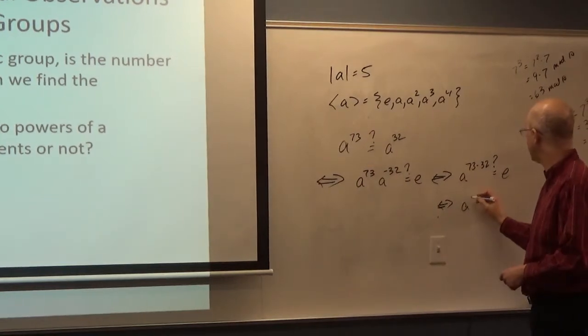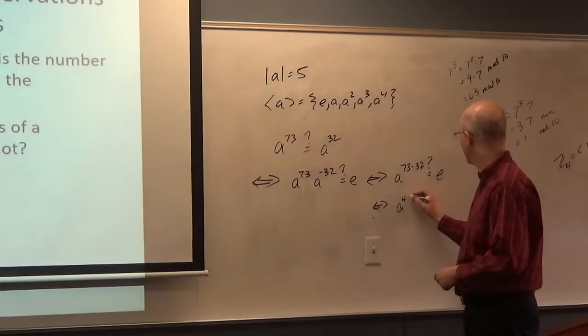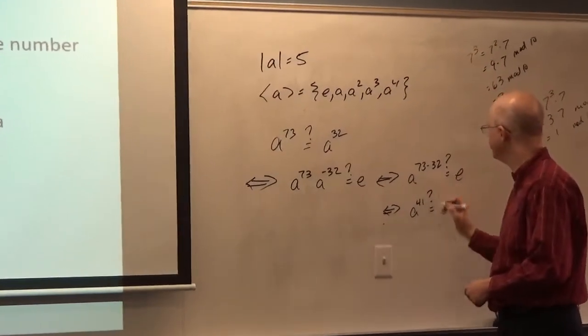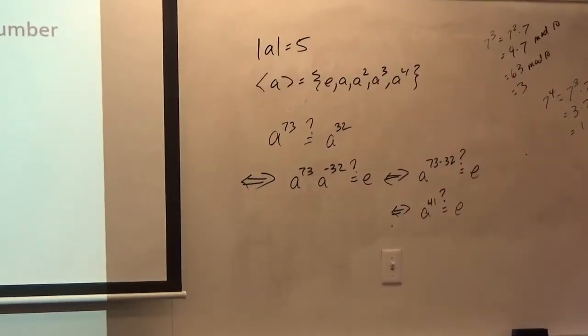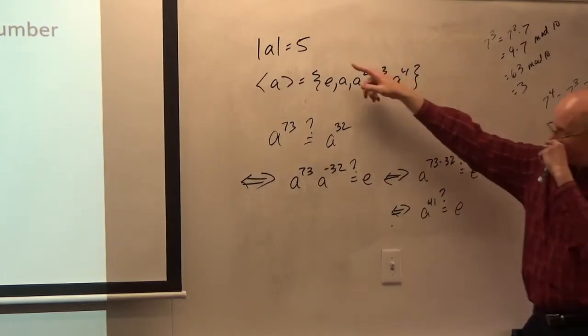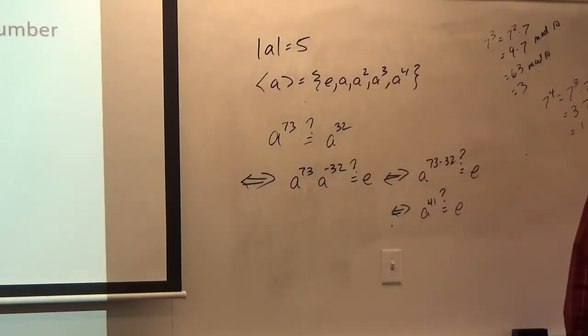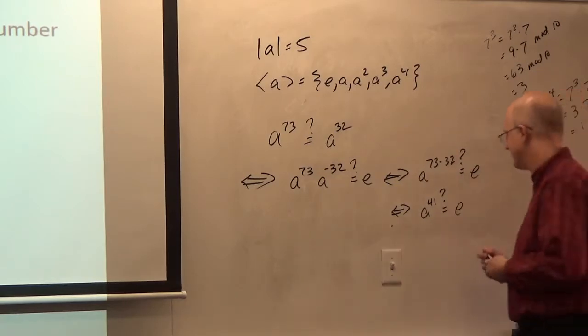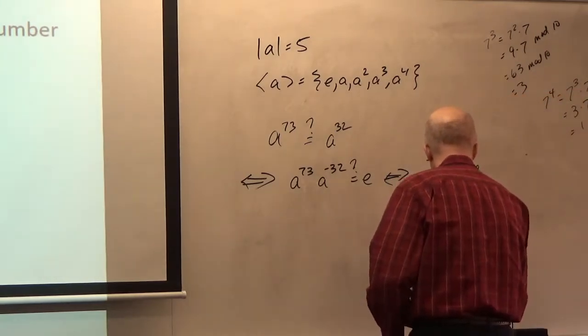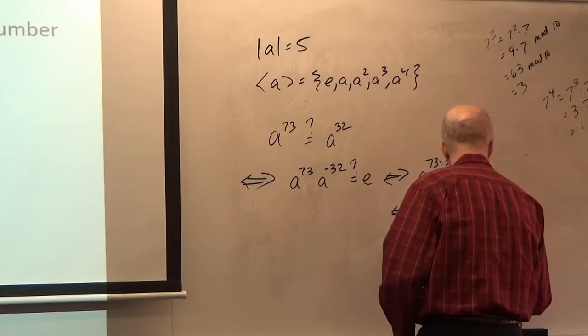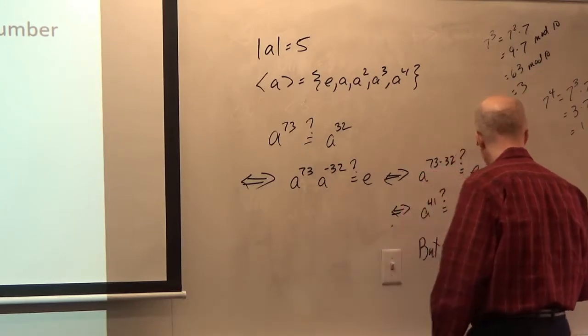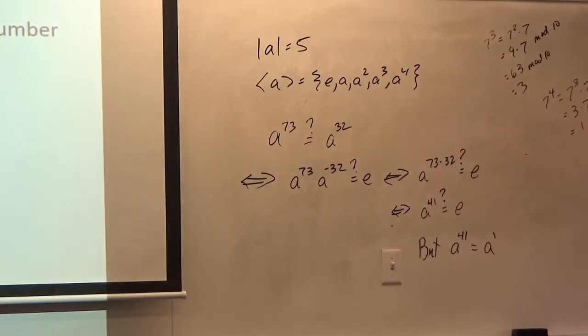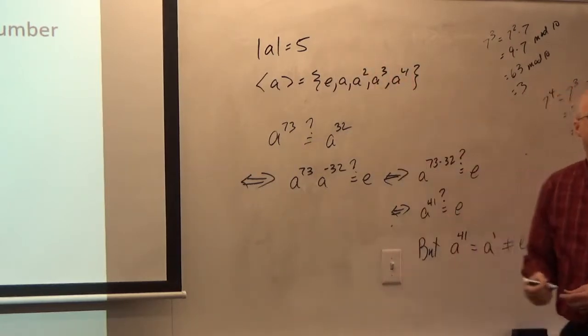That would be equivalent to a to the 41st power equaling e. 41 is not a multiple of 5, however. It's one more than a multiple of 5. A to the 41st is going to be the same as a to the 1st in this group, which does not equal e. I'm implicitly assuming that by writing that.